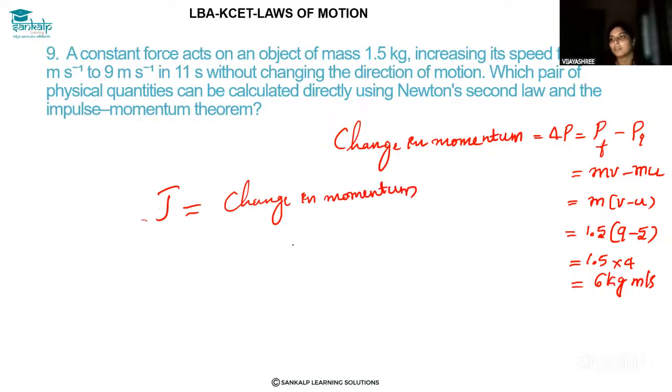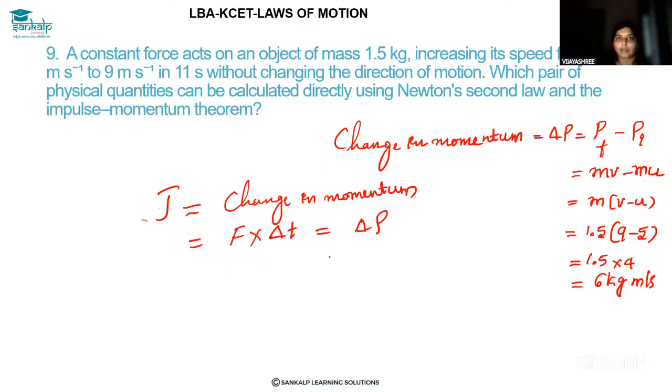Impulse is change in momentum, right? It can be said in another way, F into delta t, which is equal to delta p. So it can be said in two ways. Impulse is nothing but a large amount of force acting in a short interval of time, which is force into delta t or change in momentum delta p.